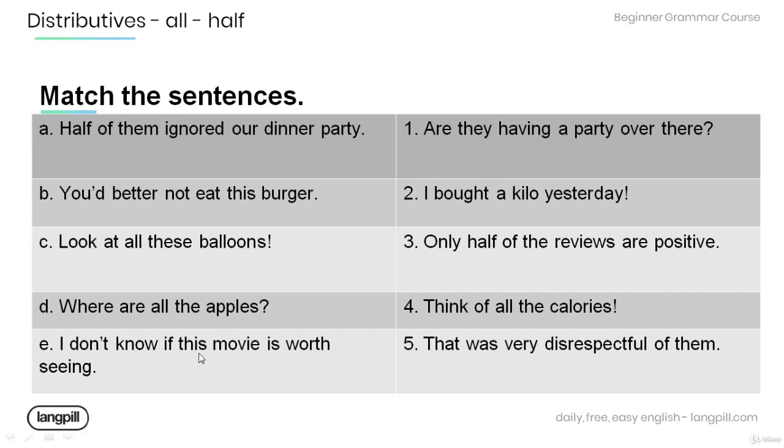E. I don't know if this movie is worth seeing. 1. Are they having a party over there? 2. I bought a kilo yesterday. 3. Only half of the reviews are positive. 4. Think of all the calories. 5. That was very disrespectful of them.